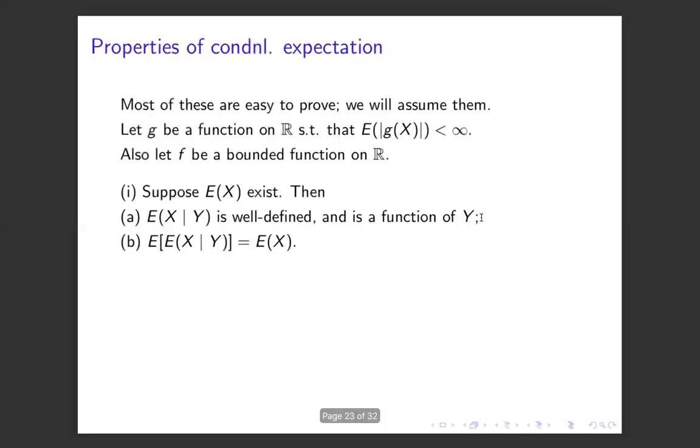Okay, now we will list certain properties of conditional expectation as a random variable. Most of these are easy to prove, but anyway, we will assume all these things. In what follows, g will denote a function on the real line such that the expectation of mod g(X) exists, and any f which you will find will be a bounded function on the real line.